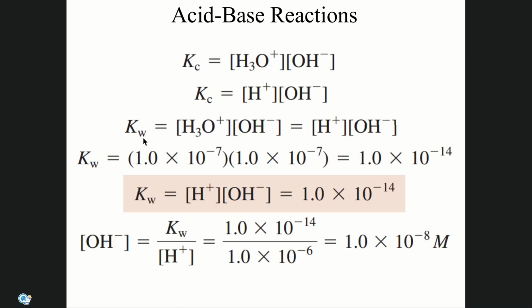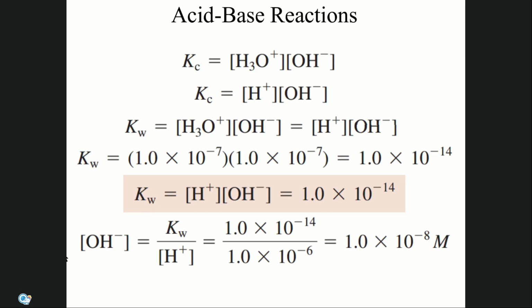In pure water at 25 centigrade, the concentrations of H plus and OH minus ions are equal and found to be 1 multiplied by 10 to the power of -7, and the same concentration of OH minus. So the constant will be 1 multiplied by 10 to the power of -14. It's a constant of water.